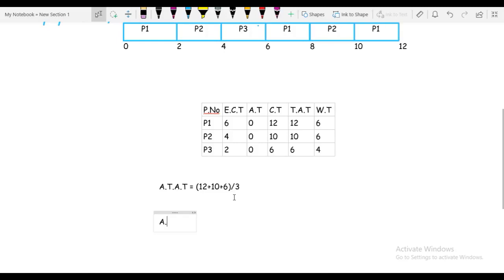Calculate it. For average waiting time it will be 6 plus 6 plus 4 divided by the number of processes, that is 3. So these are the calculations for this.